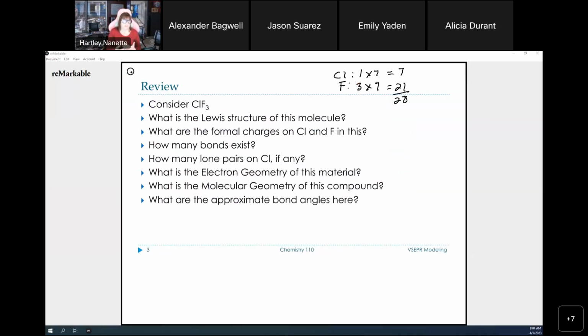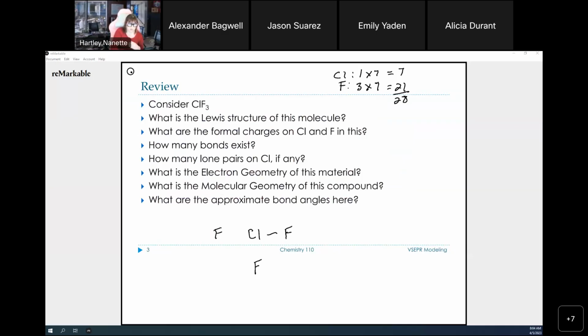Okay. The next thing that we look at, and the next step that we take after figuring out how many valence electrons there are, is we put the structure of this molecule together. Now, Cl being written first, he's going to be in the middle. So Cl goes in the center. I'm going to put 3 fluorines around him. At this point, it doesn't matter where we put them. I know that there has to be some connection between each fluorine and the chlorine.